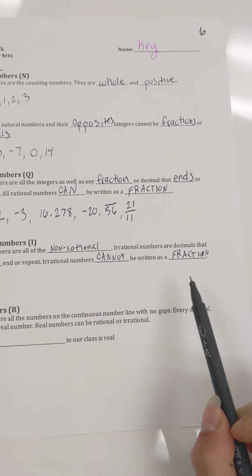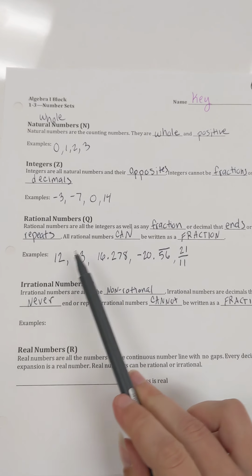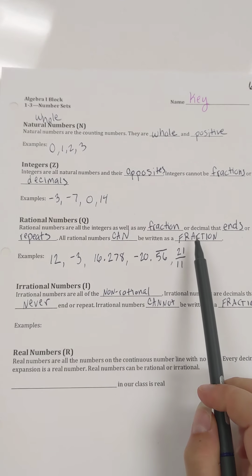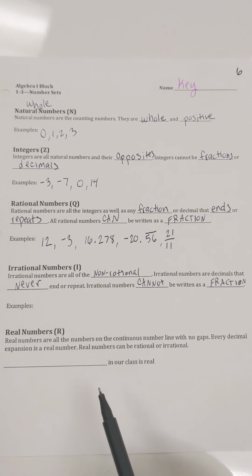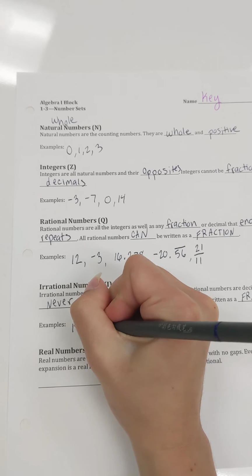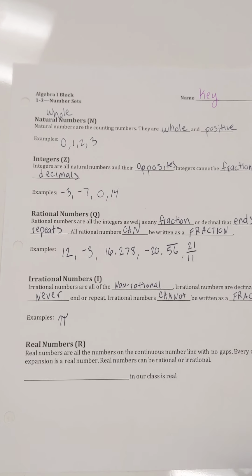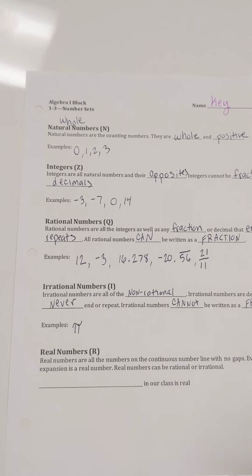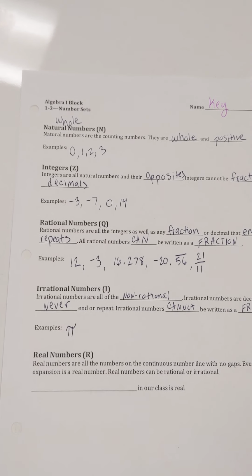That's pretty much the difference between rational and irrational. Any rational number, you could take it and turn it into a fraction. An irrational number, you can't turn it into a fraction. A very famous irrational number is pi. 3.1415, and on and on forever.